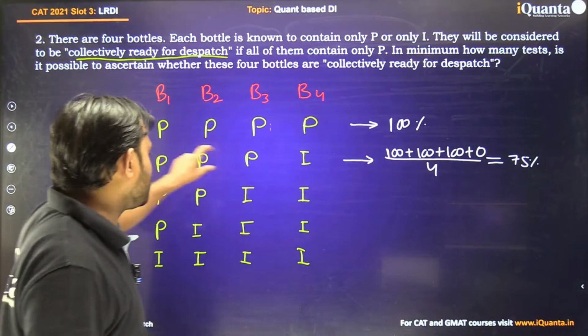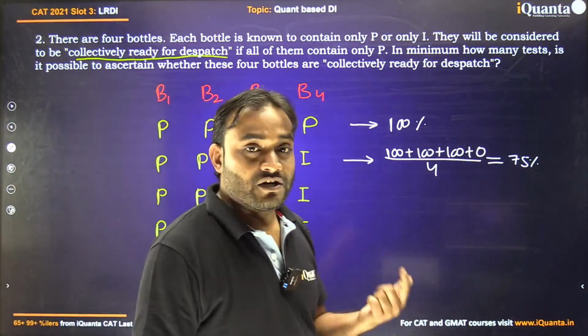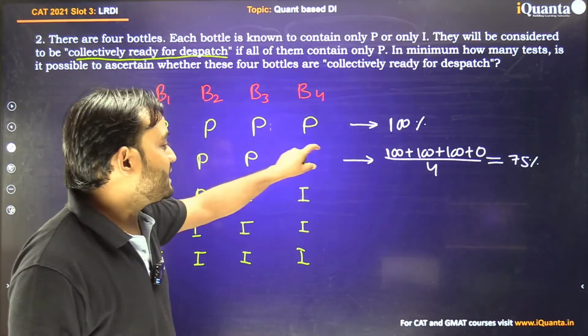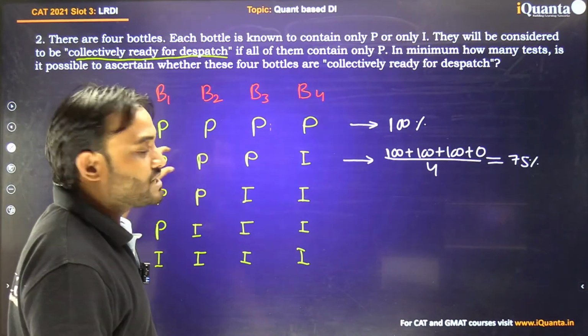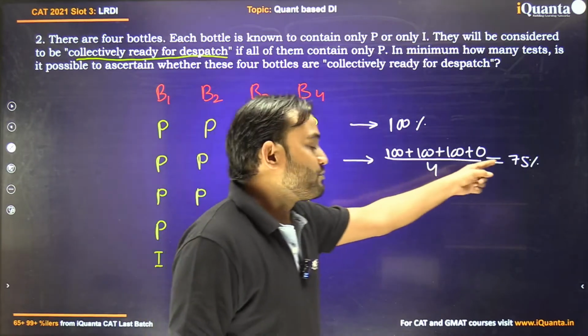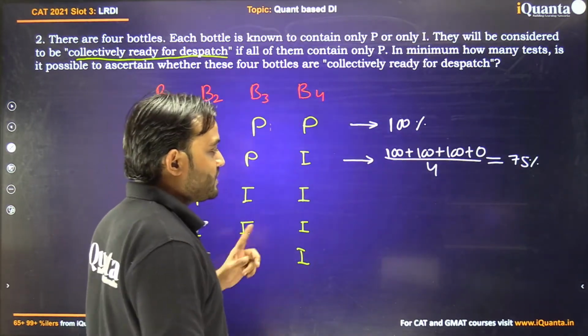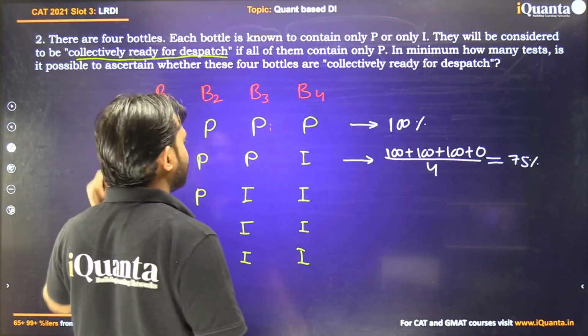So if this combination is given, the device will tell us that this combination has impurity, because the purity level is 75%, so impurity must be 25%.